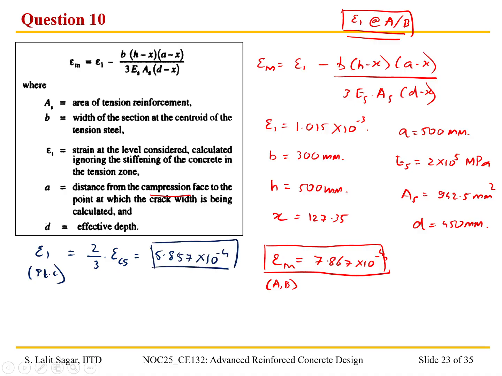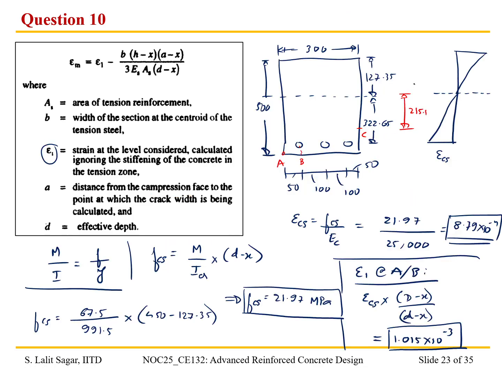Okay, so when we consider the point C and use the same equation, the few differences are epsilon 1 is different. It is 5.857 into 10 to the power minus 4. B is same, and H is same. The X value is also same. A, we need to calculate the distance from the top to here, that is 215.1 and 127.35.